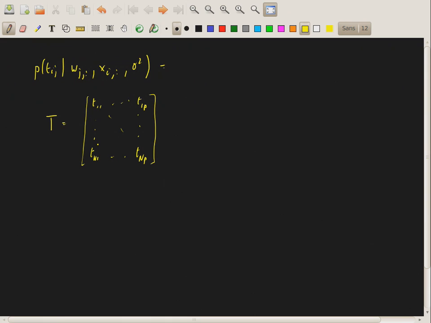That's our data. And we're saying one element of this matrix is given by this likelihood here, where this likelihood has a Gaussian form.